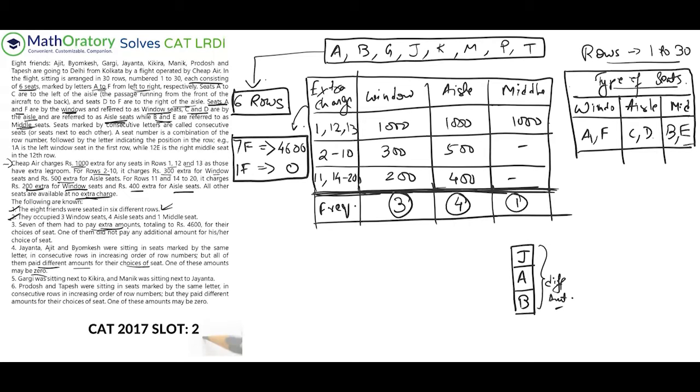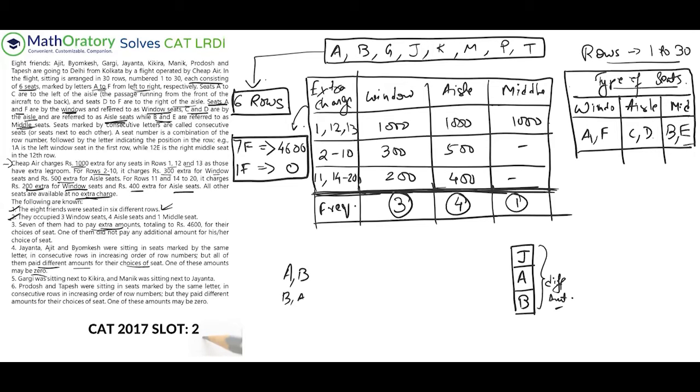What else do we know? Fifth says Gargi was sitting next to Kikira. So Gargi and Kikira are sitting side by side. It could be G on the left of K or K on the left of G. But would that matter to me? If you have AB or BA, the amount might be different, right?